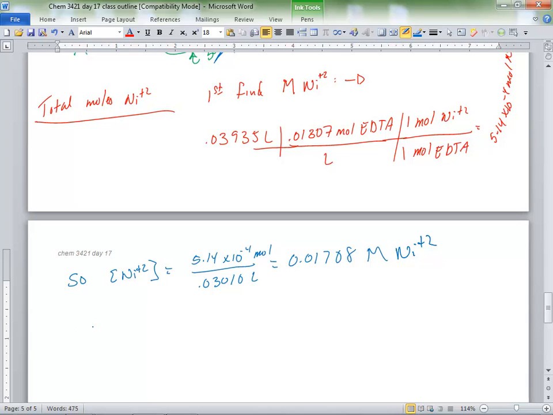So the total moles of nickel used would be 0.025 liters times 0.01708 molar, 4.27 or so, I guess.